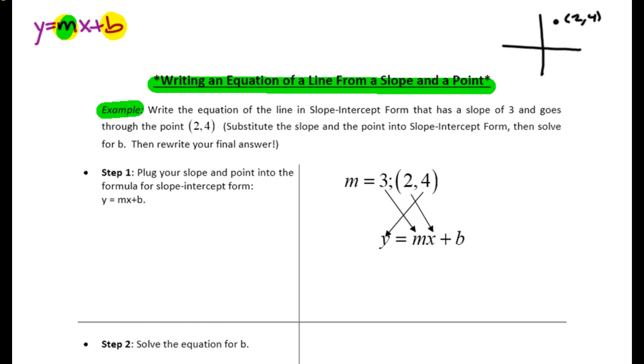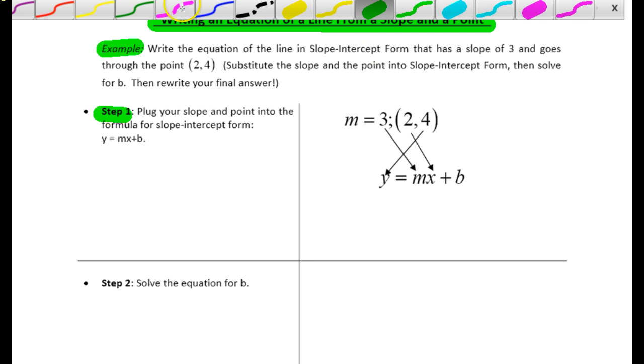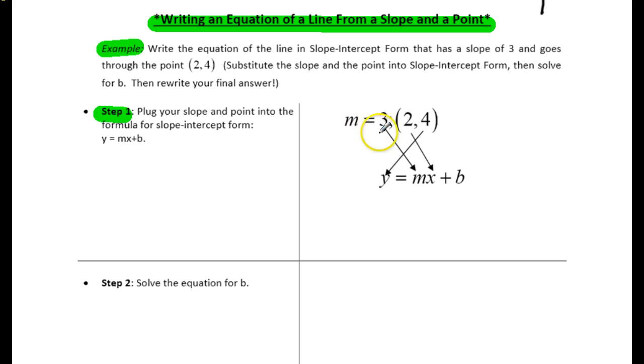So now that they don't give us everything, here's what we're going to do. Step 1, we plug our slope and our point into the formula for slope-intercept form, which is still y equals mx plus b. They're giving you the slope, m equals 3, so we plug that into the m.